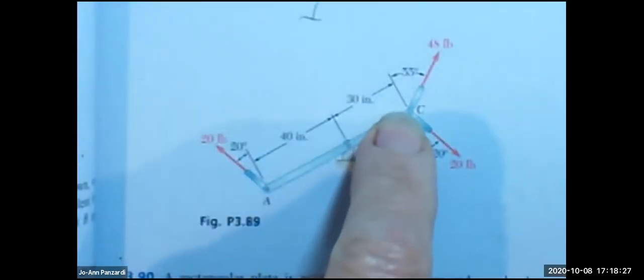What do we have to do? Victoria, in order to find this resultant of the 48, what do I need to do? How do we represent resultant forces? It's a vector, right? Yes.